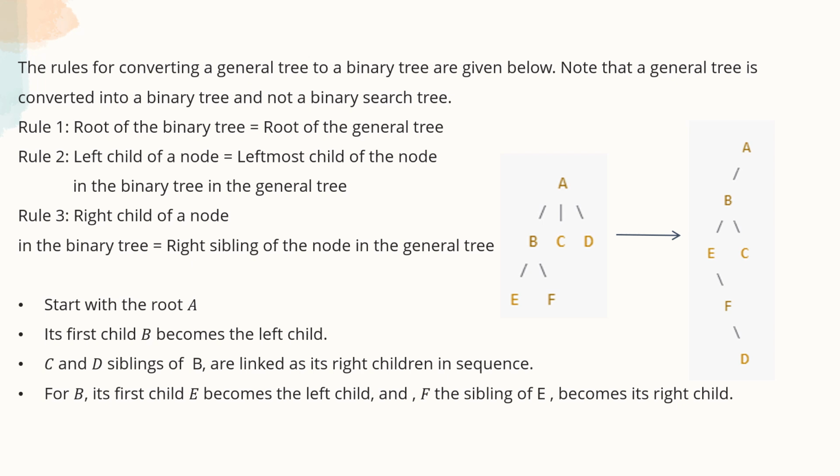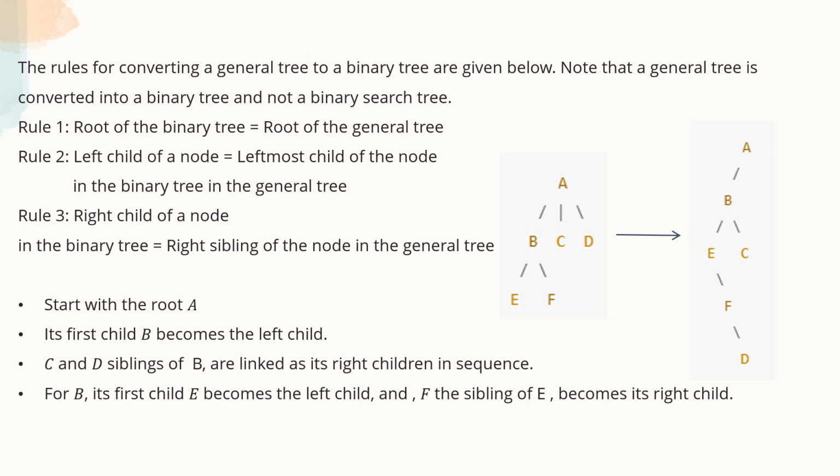Root of the general tree A is the root of the binary tree. Left child of the node in the binary tree equals the leftmost child of the node in the general tree. And this is the leftmost node, that is the left child of the root node in the binary tree. Then the right child of the node in the binary tree is the right sibling of the node in the general tree.